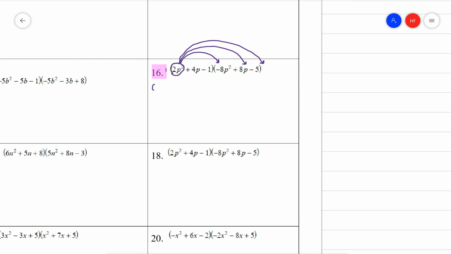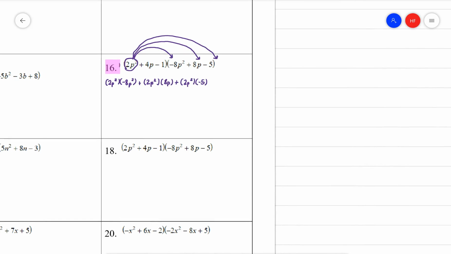So 2p squared, we can write the whole thing out, times negative 8p squared, plus 2p squared times 8p, plus 2p squared times negative 5. So that's everything multiplied by the 2p squared.